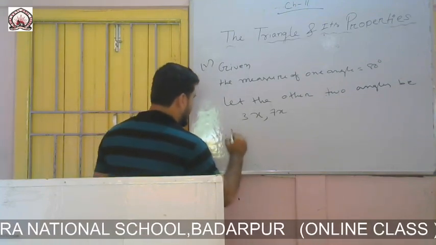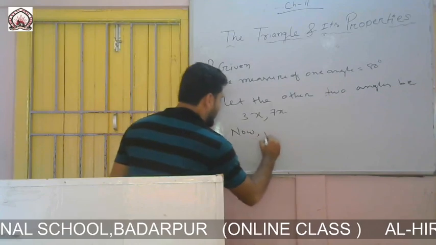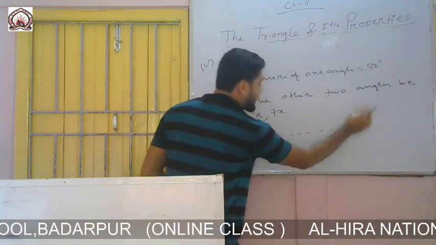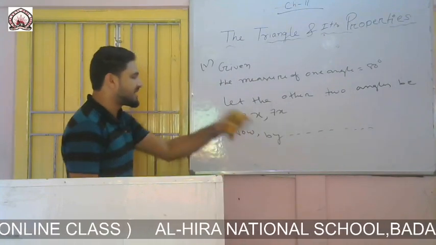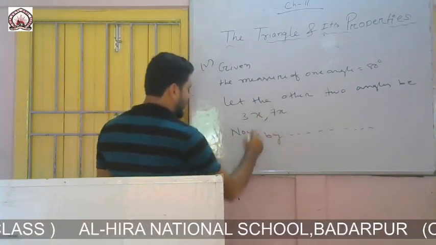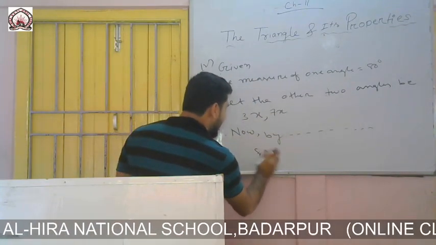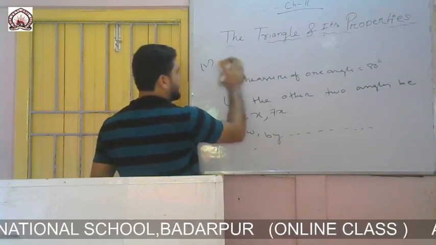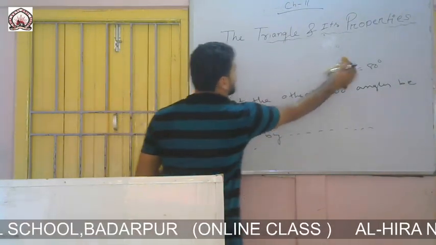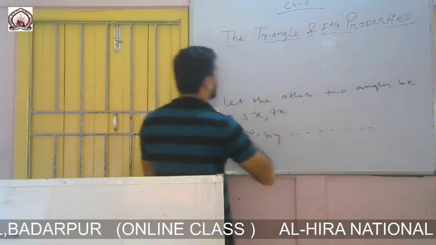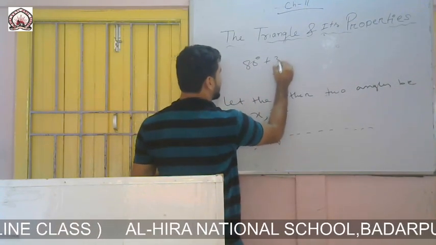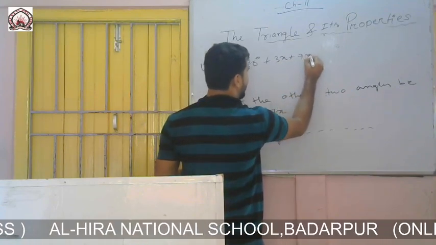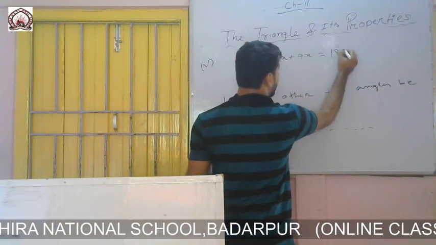Now write. Now by angle sum property, as I wrote earlier, we can write 80 degree plus these two angles, thrice x plus 7x equals 180 degree.